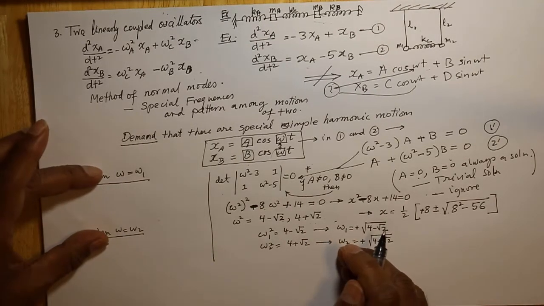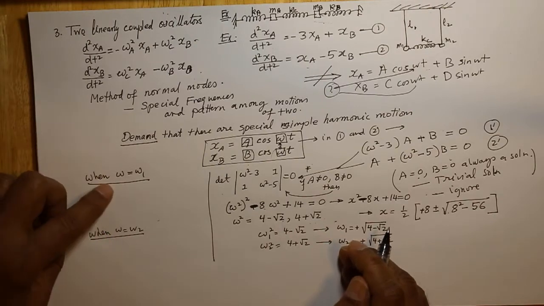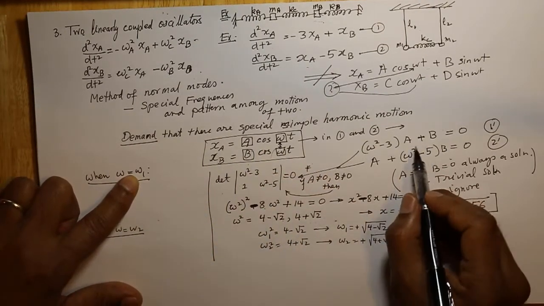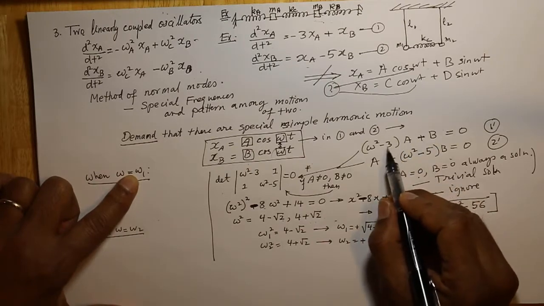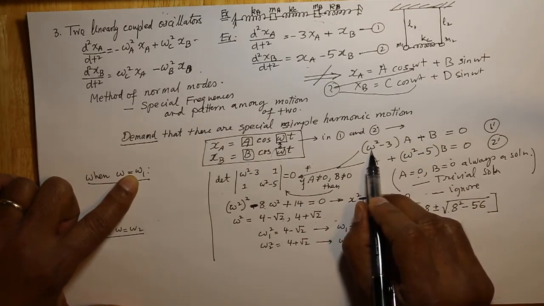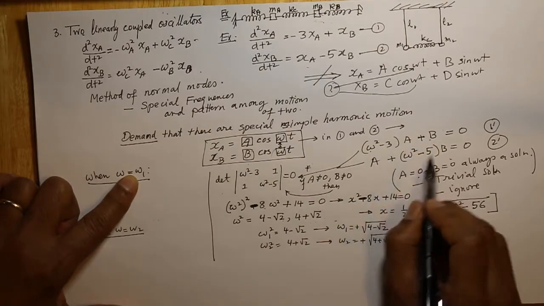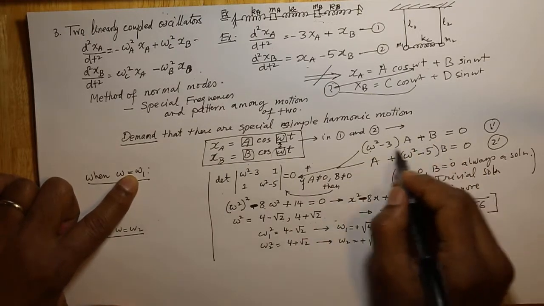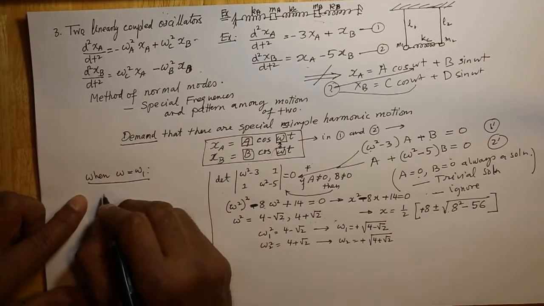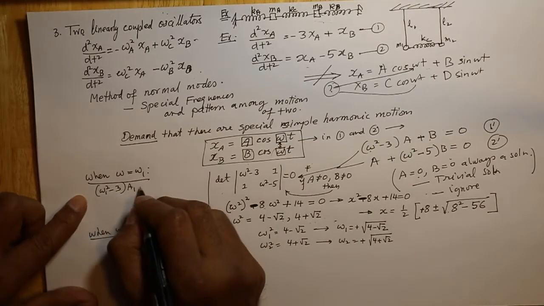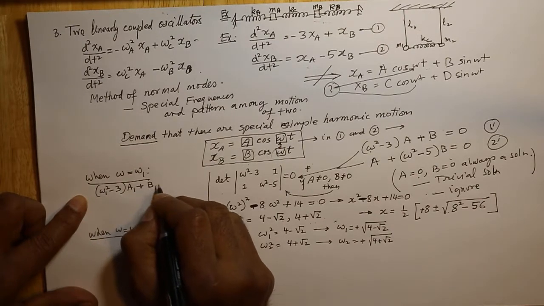These are called eigenvalues, and we want to find out what A and B will be. If you look at this, actually they are not independent. If this is omega 1, then there is a relationship, but they will give you the same relationship, so you can just pick one of them. So let's call omega 1 square minus 3 times A1, and the other one B1, equal to 0.